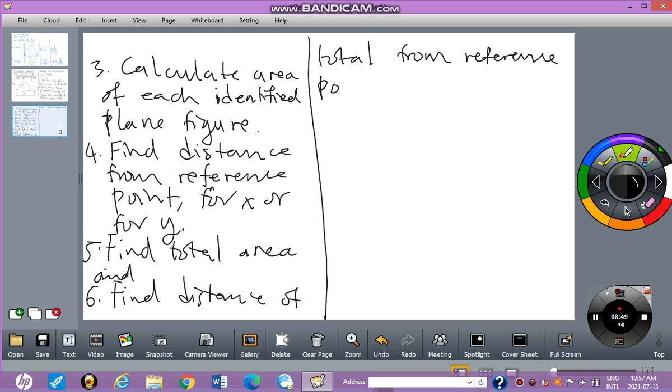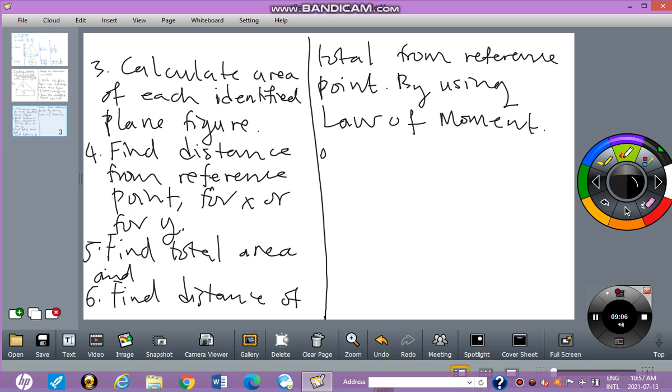How do you find 6 now? By using law of moment, or gravity. In this class, we will only look at law of moment. And graphically will come in later stage together with the other problems that are coming.